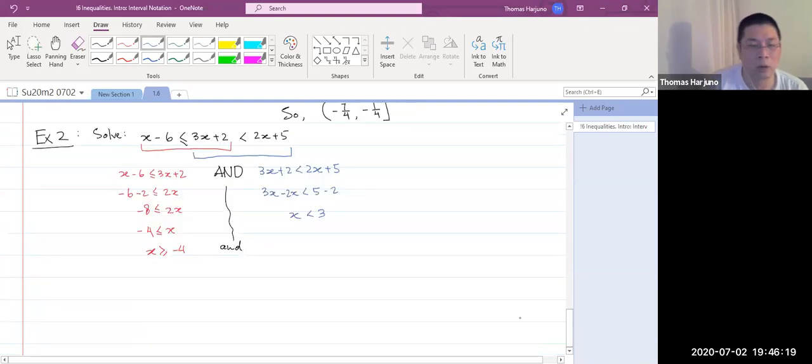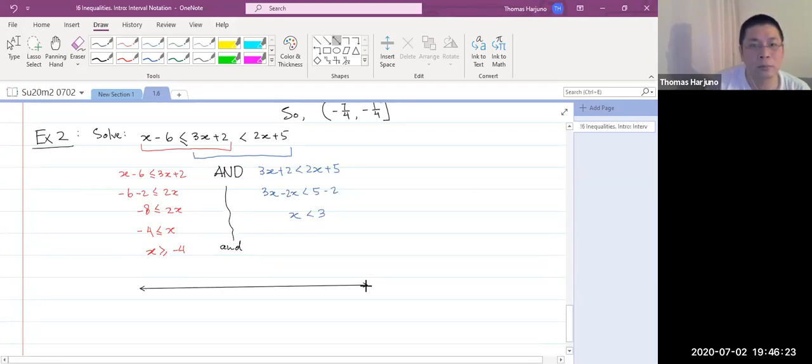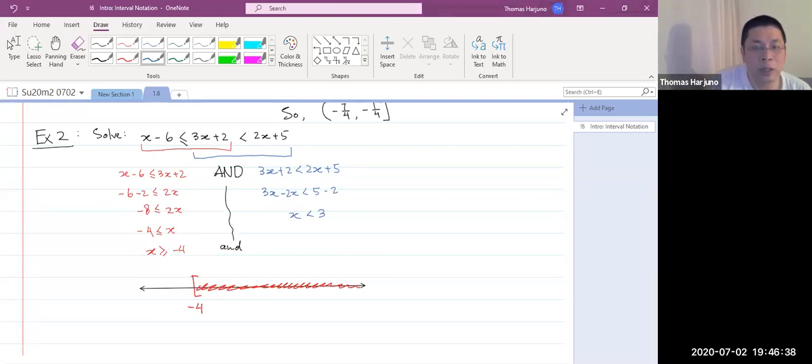Now then, let's put them together. The red one means x is greater than or equal to -4. The blue one means x is less than 3.